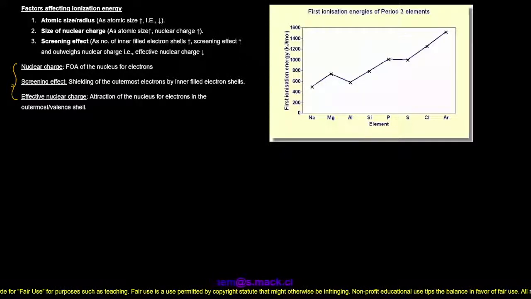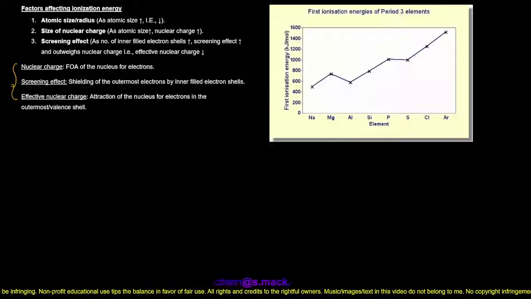The other factor which affects ionization energy is called the nuclear charge. In my definition, I've called it the force of attraction of the nucleus for electrons. Remember that in the nucleus there are protons, and protons are positively charged, and as such they result in giving the nucleus something called nuclear charge.